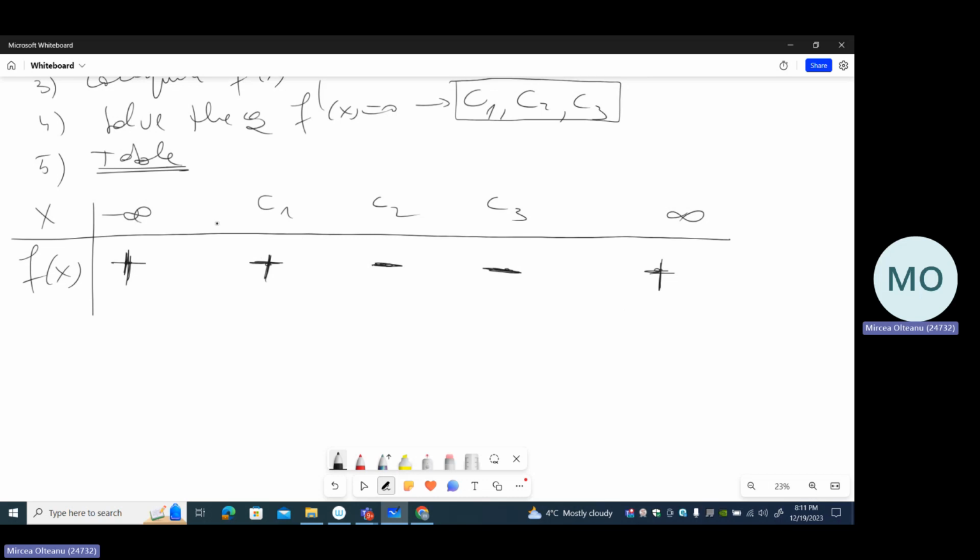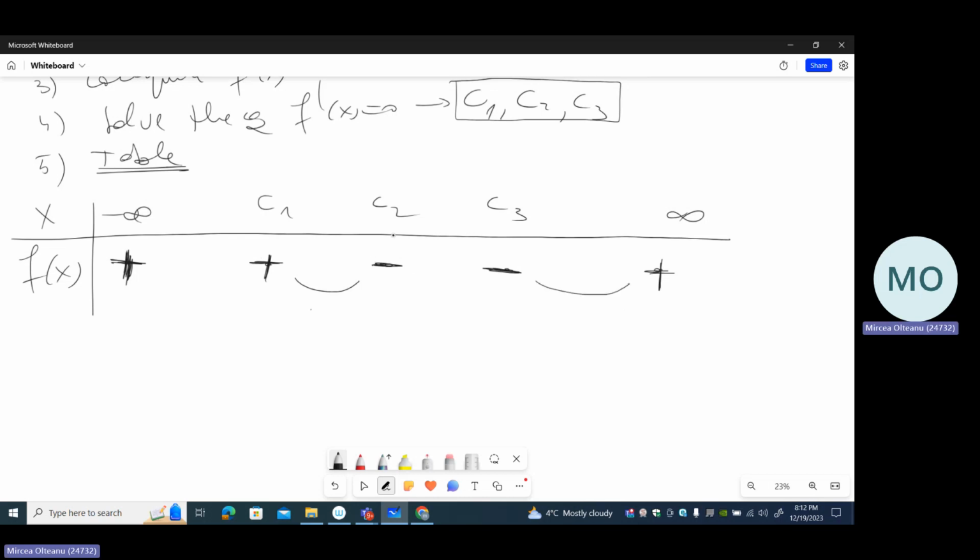on each interval, on the interval minus infinity to c1? So here what we observe is that f doesn't change sign, so here there are no solutions. Here f changed sign, so there is at least one solution, but according to Rolle's theorem, there is at most one. Here we have exactly one solution. Here there are no solutions, and here we have again one solution.